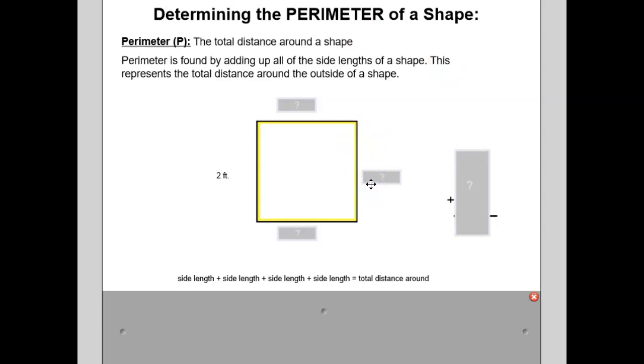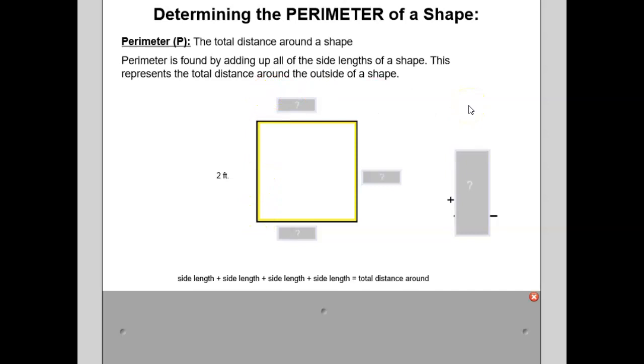So, what is perimeter? Say it with me. The total distance around a shape. Perimeter is found by adding up all of the side lengths, and that represents the total distance around the shape.